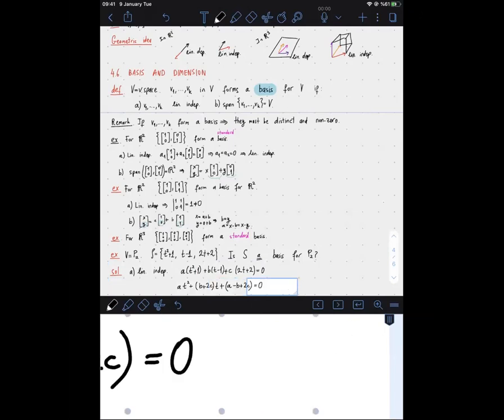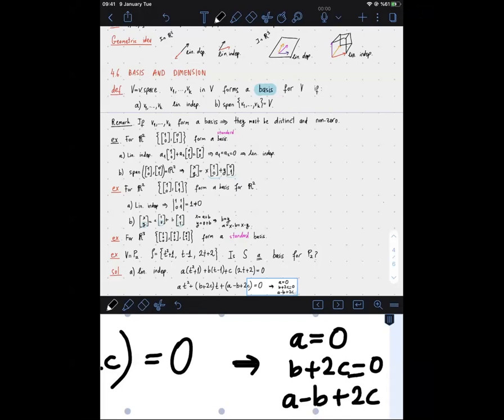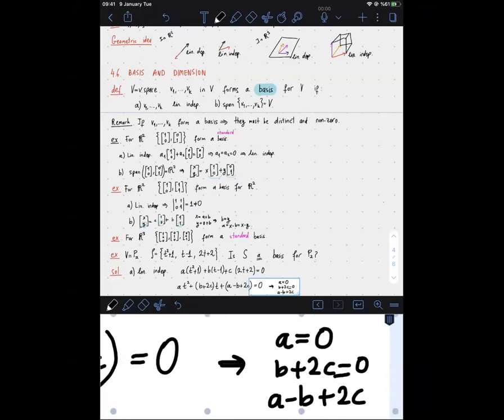So from here, A should be 0, B plus 2C should be 0, and finally A minus B plus 2C should be 0.